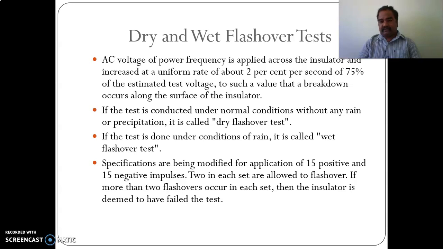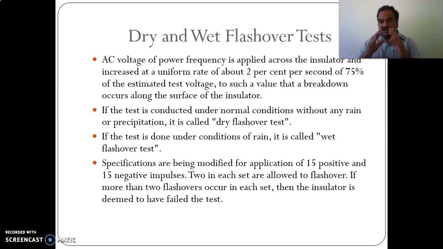So, if 100 kV is the operating voltage, I will design my insulator such that it can withstand a voltage of, let us suppose, 110 kV or so. And even if I apply 110 kV, my insulator will withstand at least for some duration. And if I apply beyond that 110 kV, my insulator may experience a flashover.